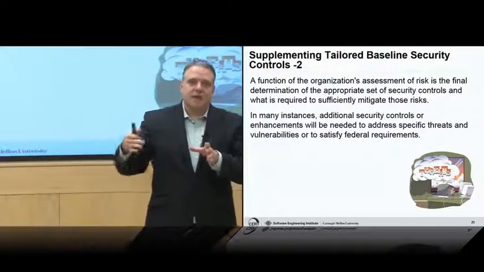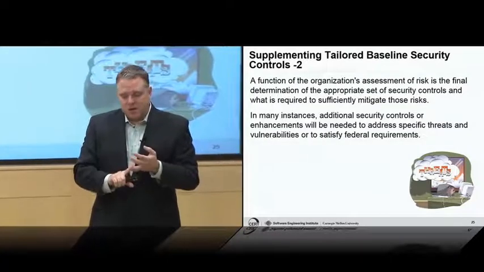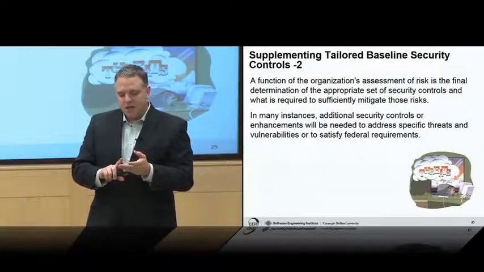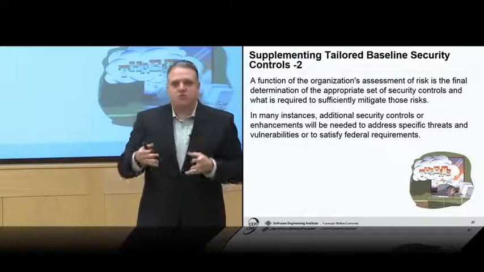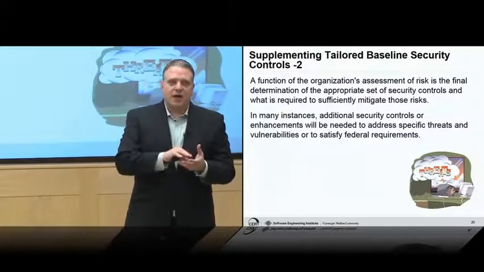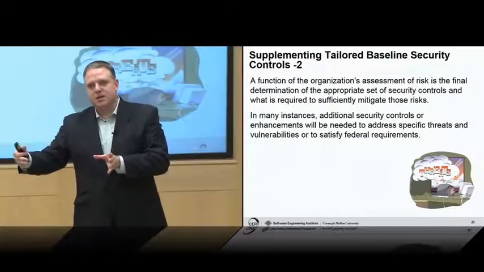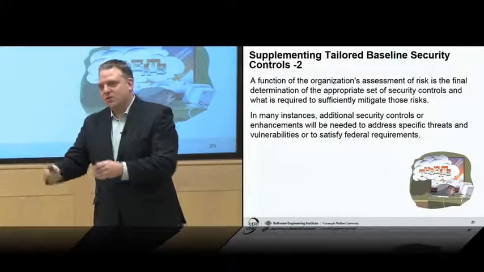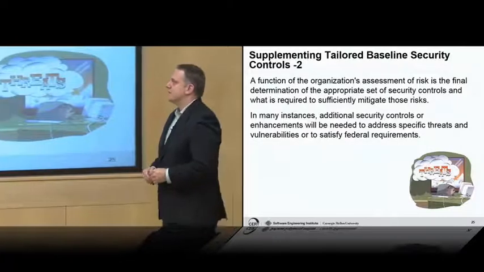Again, it goes back to what you are trying to address from a threat perspective. Are there any regulatory requirements that you have to meet? And what impact are you trying to mitigate? You can put all that together and come up with the exact list of controls that you need to implement, based on the resources you can put to it, the risk you're trying to mitigate, and the impact you might be trying to reduce as well.